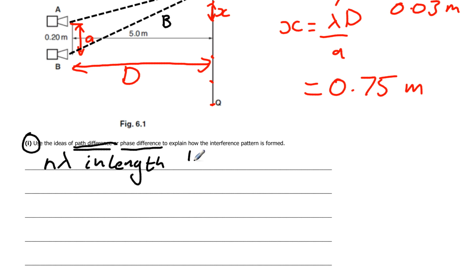So we get one mark for saying that the path difference is n lambda, and another for saying that it causes maximum intensity.